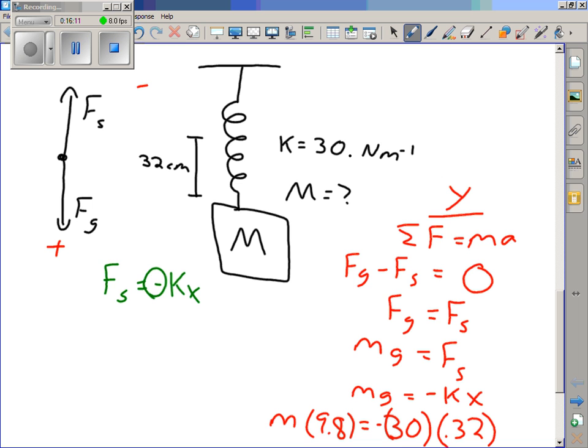If I told you force of this spring was 120 newtons, the force is going up, I call that positive, so the displacement must be negative 32 centimeters. That, in essence, is going to cancel out your negatives and give you your positive spring constant.